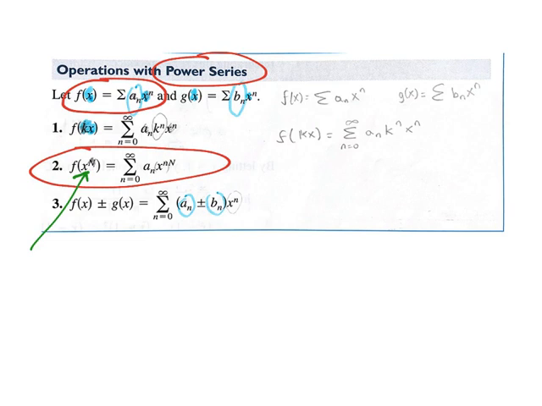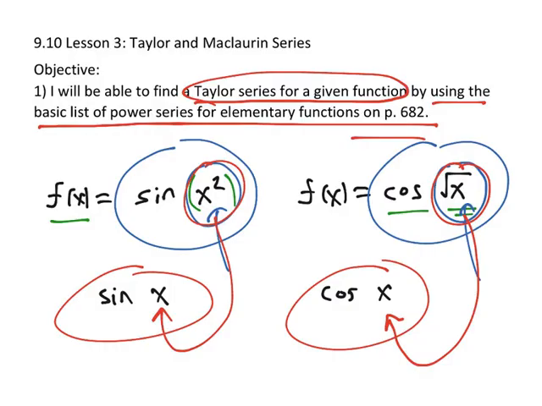Also, there are other operations you can do with two power series, such as adding or subtracting them, or multiplying by a constant, multiplying the argument of the power series by a constant k. In addition to that, you could also do multiplication or division of two known power series, or even differentiation or integration.